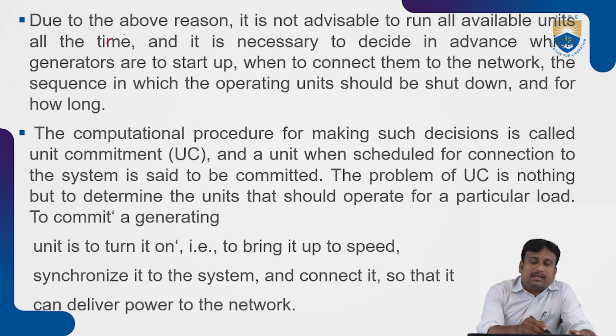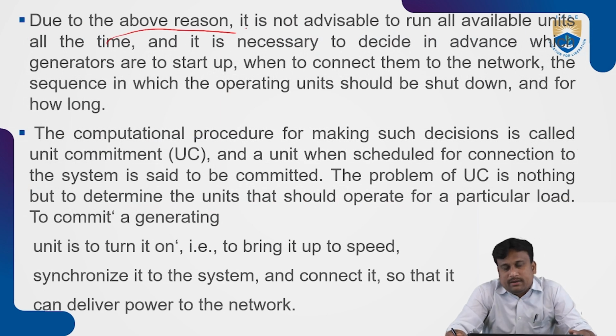Due to all these reasons, it is not advisable to run all the available units at all times. The load on the generators may increase, and in some cases a generator may malfunction and be disconnected from the load or grid.